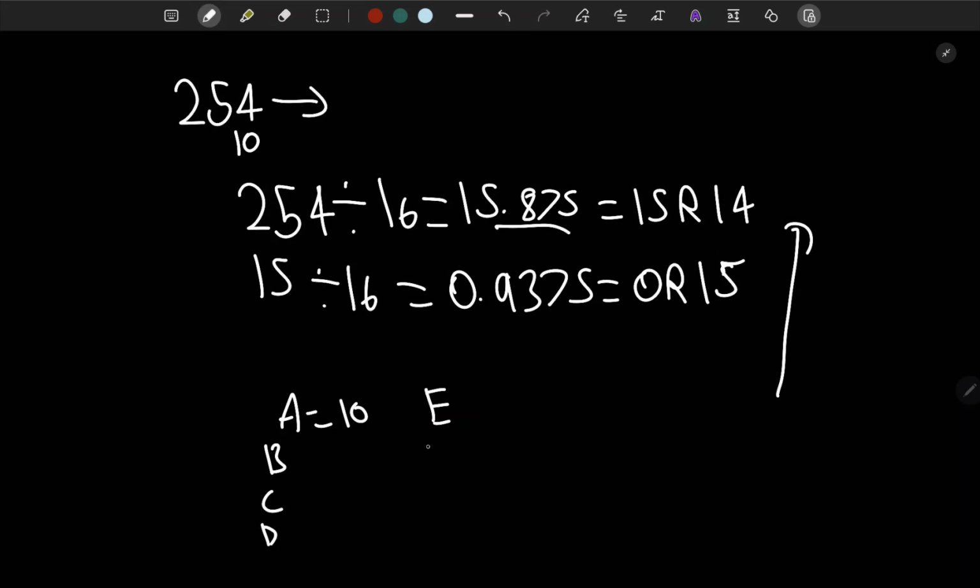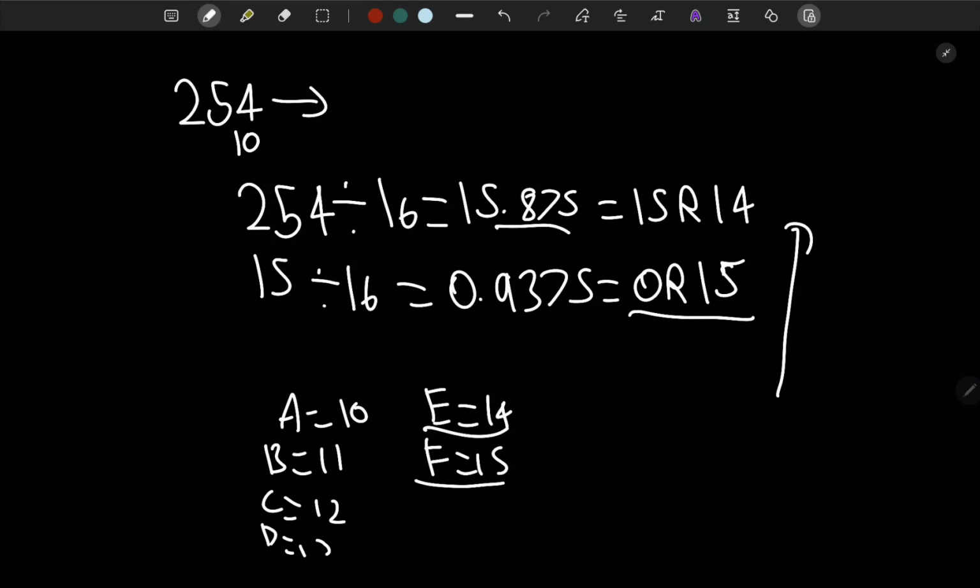D, E, F. So 11, 12, 13, 14, and 15. So here F is 15 and E is 14. And for the final answer, from the most bottom we need to start, this will be the most left digit, so this is F, and the next letter is E, and this is the hexadecimal representation of 254.